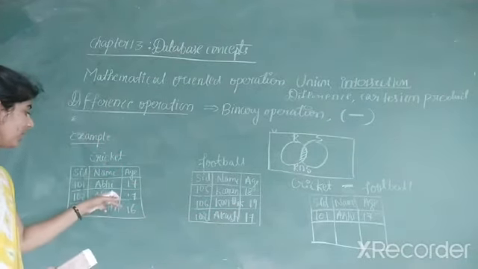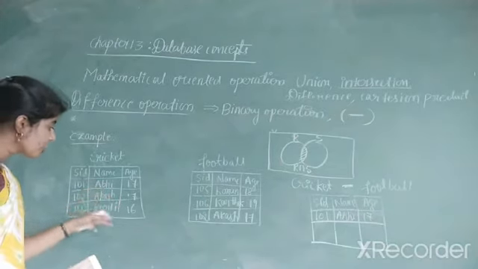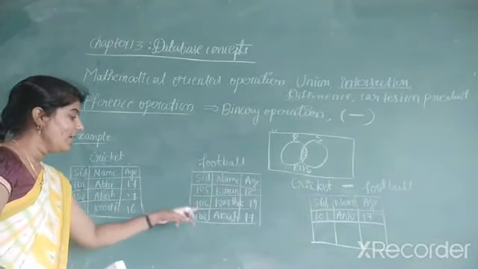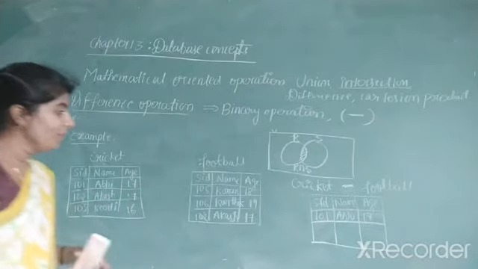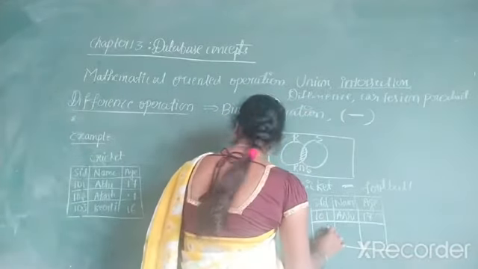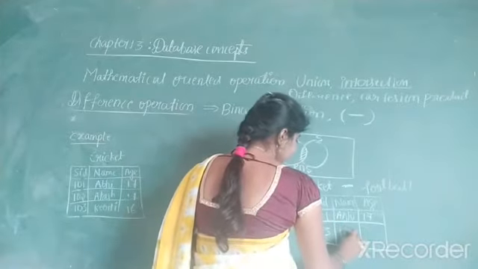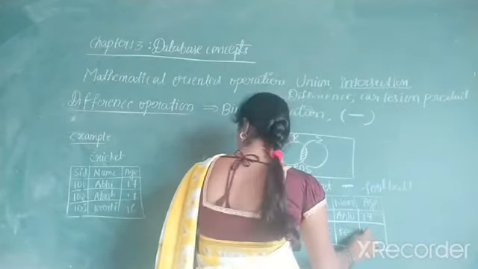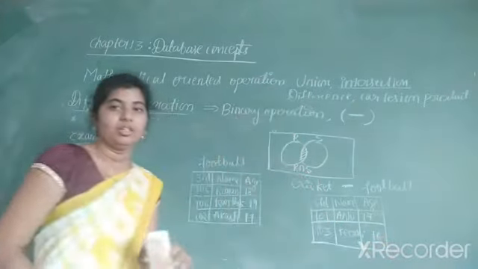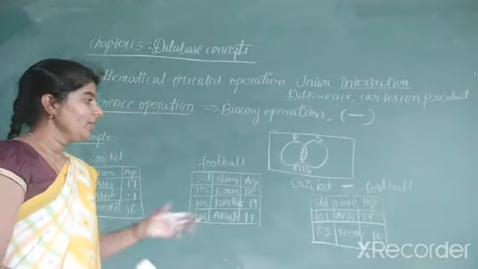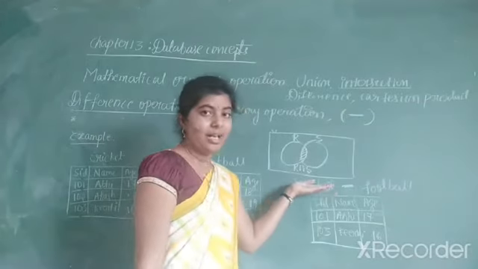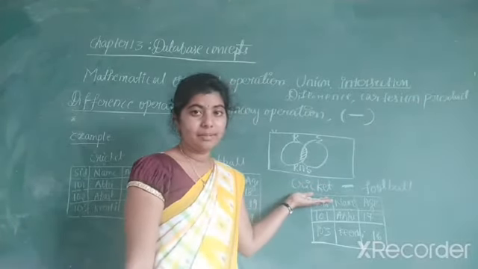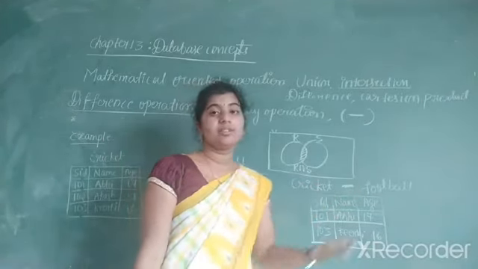So one more tuple that will come in the result is 103 Kirti, age 16. It displays the records of the cricket table which are not present in the football table.